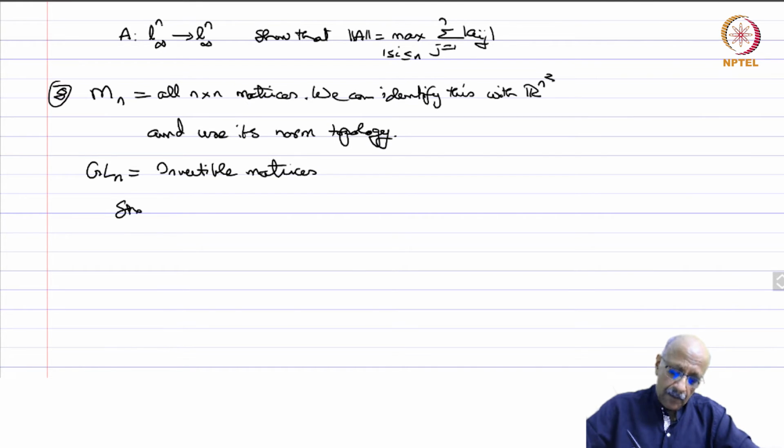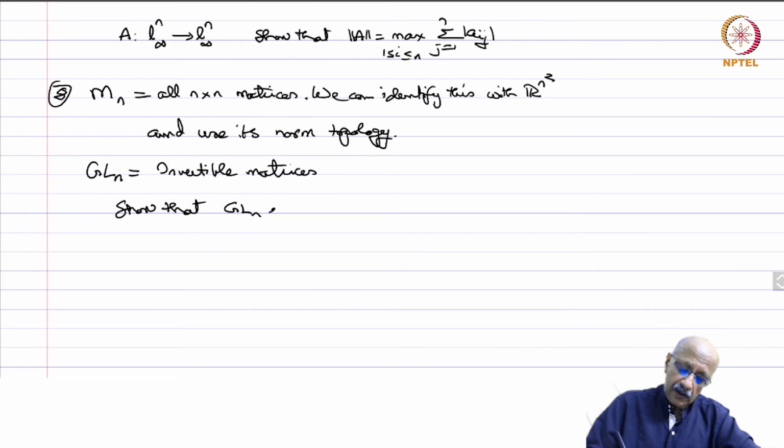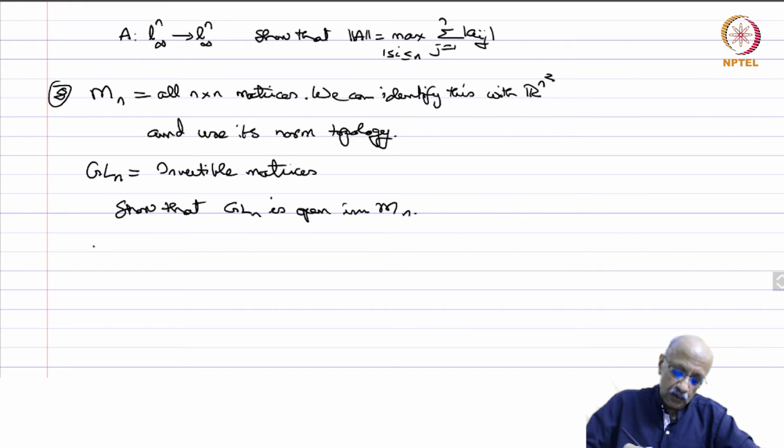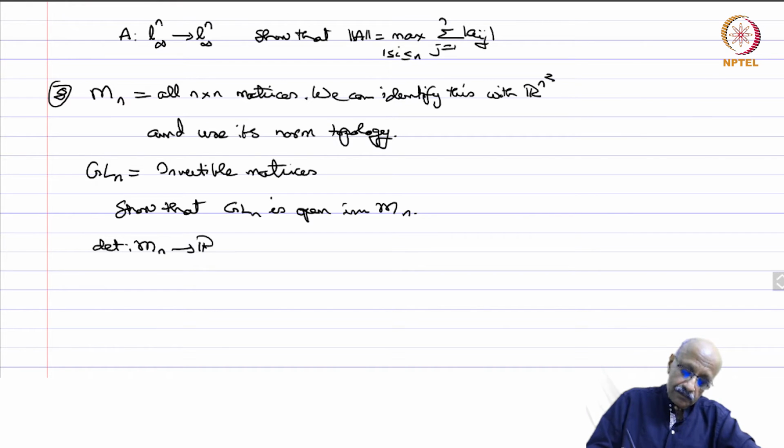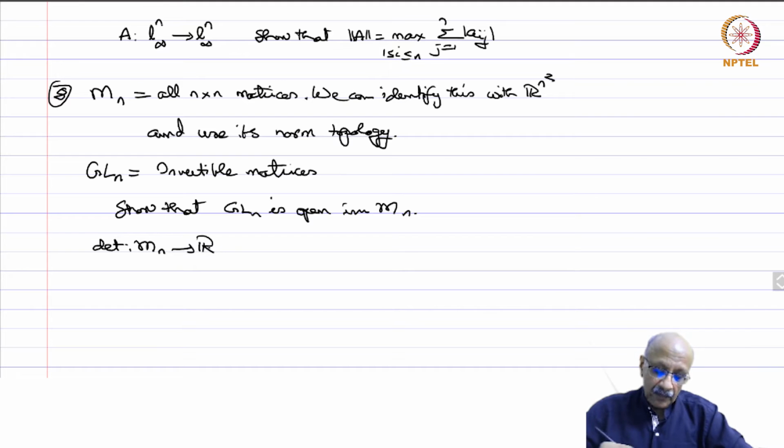Show that GLn is open in Mn. This is almost immediate, there is nothing to do. You take the function which is determinant, from Mn to R. Then this is a continuous function because determinant is nothing but a polynomial in all the variables, and therefore it is a continuous function.